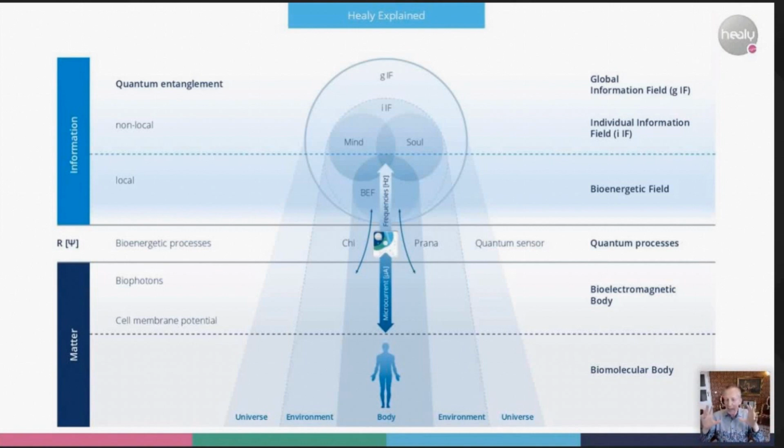So we can look at this world as matter, but we can look at the world from another perspective as information. And quantum physics actually looks at this world more as information than as matter. We experience the world as matter with our senses, but our senses are gathering information about this world.